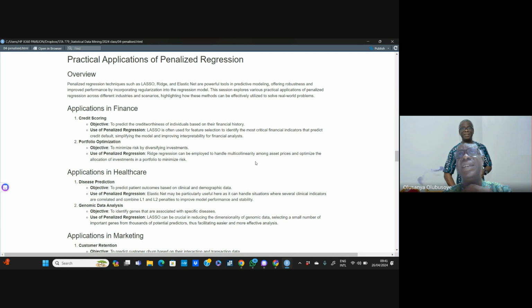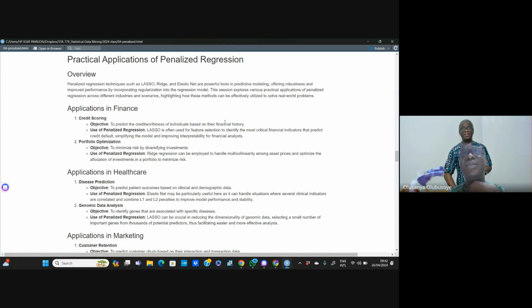For instance, in the bank, for those customers who apply for loan, before you give them loan, you can now have credit scoring, which will show whether the customer is credit worthy or not, and that will mean that the financial history will be used as the predictor.